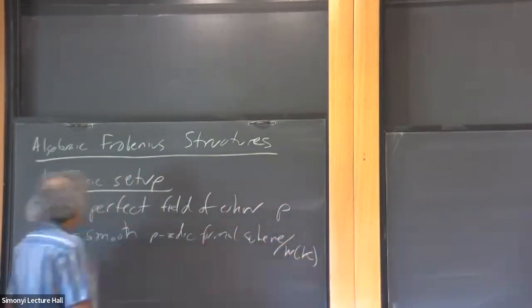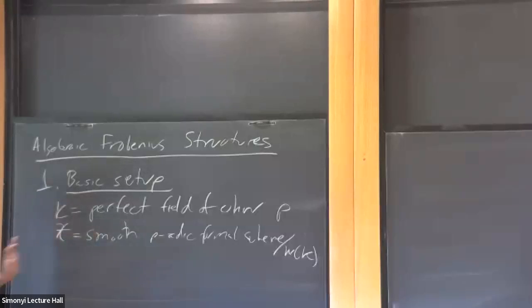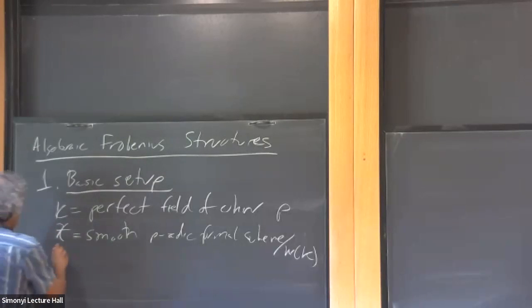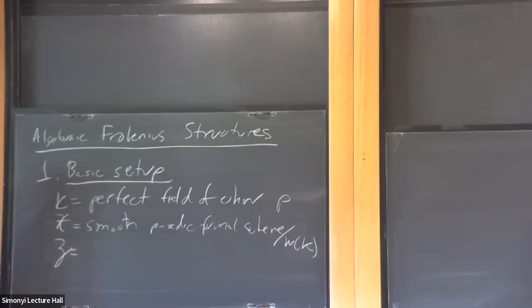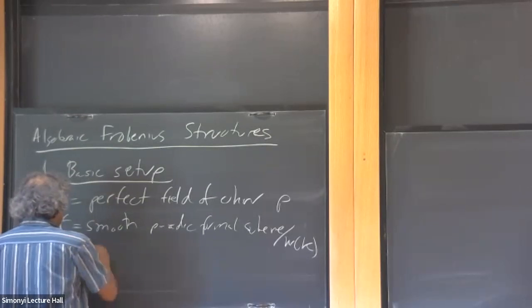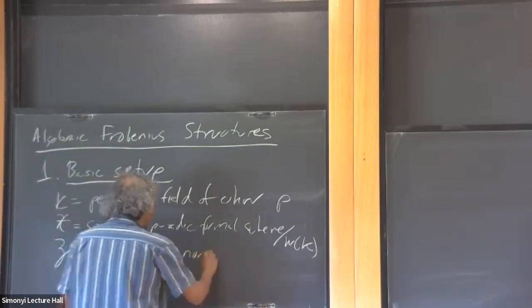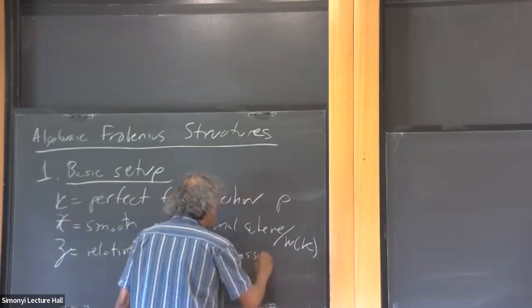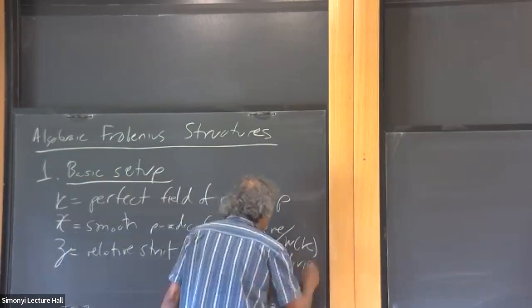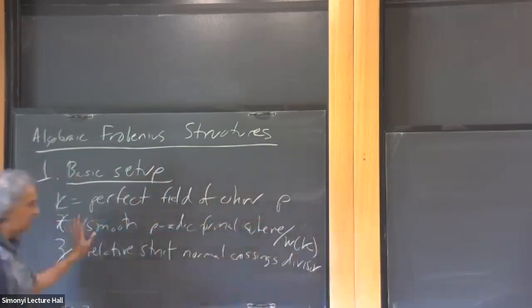So if you want, you can imagine the completion of something algebraic, because all of my examples will eventually have that form. I want to set things up generally: Z is going to be a relative strict normal crossings divisor, which for the moment you can assume is empty, but I want it to be non-empty to talk about examples.